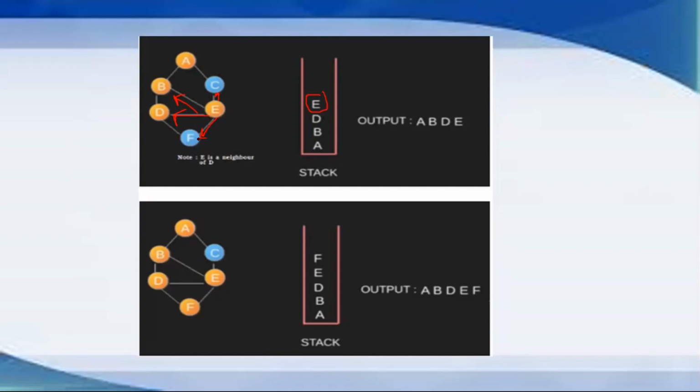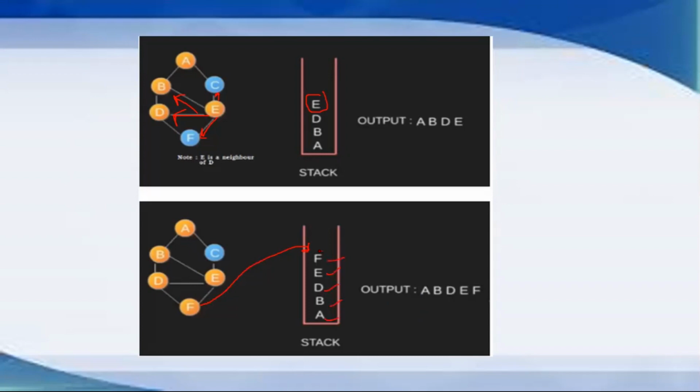So I can select either F or C. So F is selected, and F will be pushed into the stack. Clear? So my output so far: I have pushed A, B, then D, then E, then F.